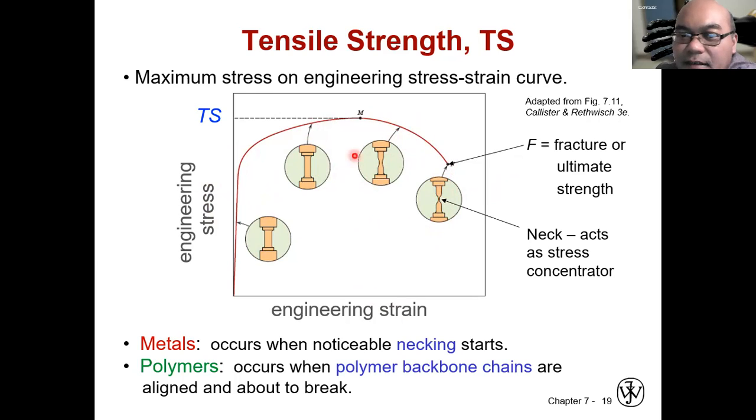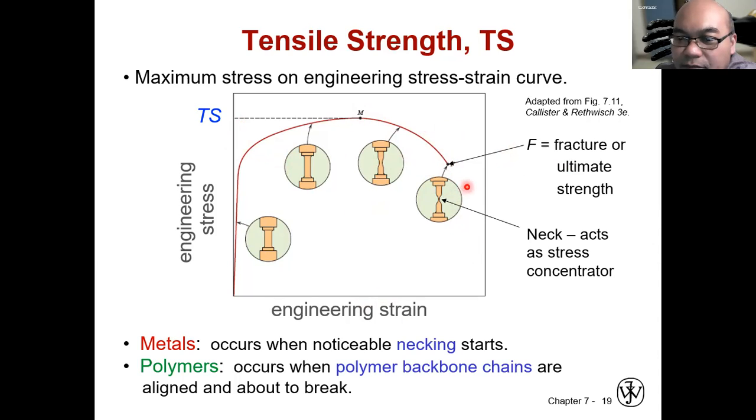The tensile strength is the value of this peak engineering stress here, where the specimen starts to have the necking phenomenon. Because when you deform further, the stress gets smaller. So after this, it starts to fracture and then breaks, and the graph stops.